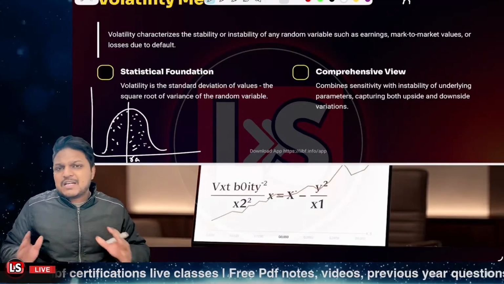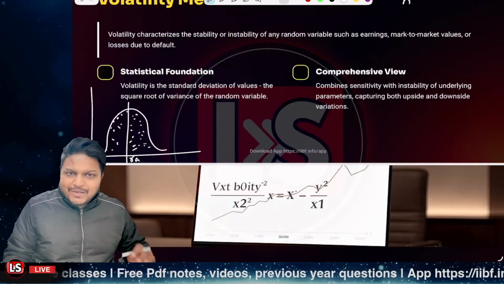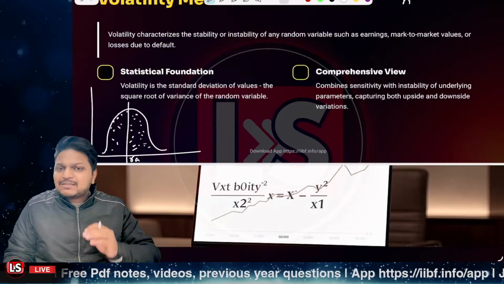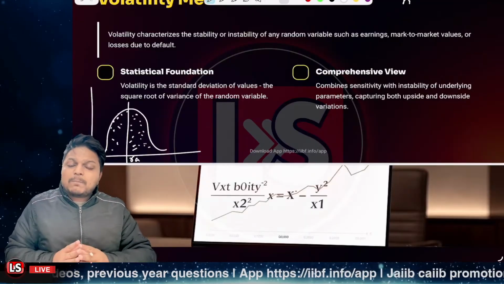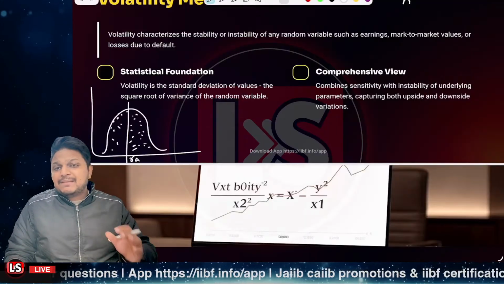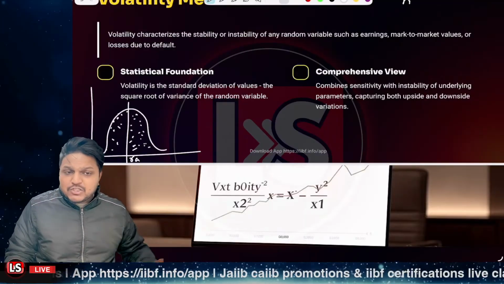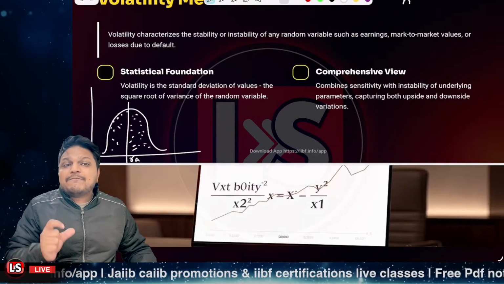Right now I'm not concerned about whether the distribution is normal or not. I'm just telling you that we take one single random variable and check its value at different points of time. If we have a common statistical measure, it will show some dispersion around the average value.